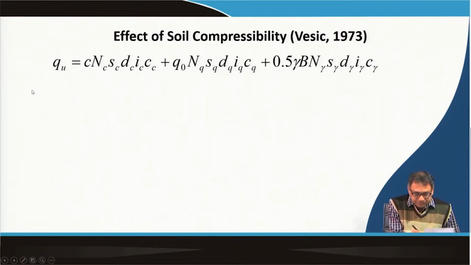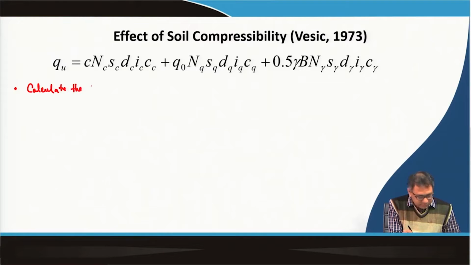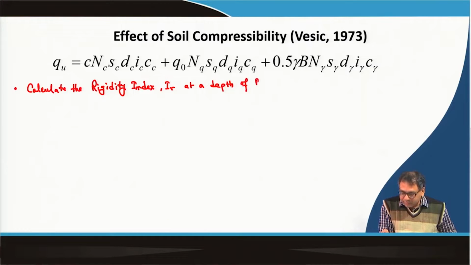Step 1: we have to calculate the rigidity index IR at a depth of B by 2, where B is the width of the footing, from the base of the foundation.